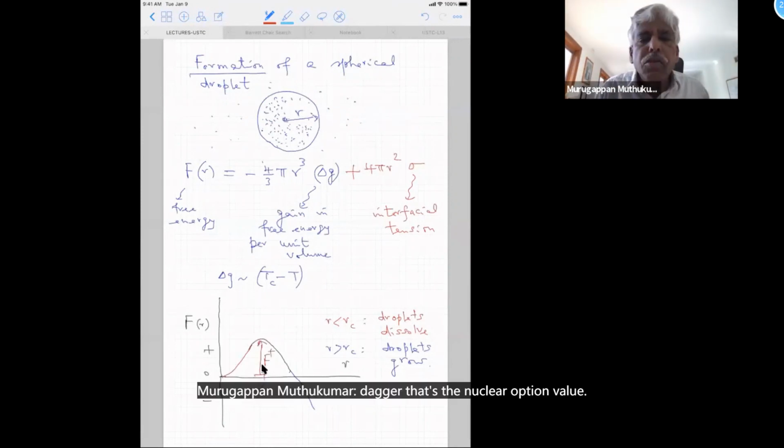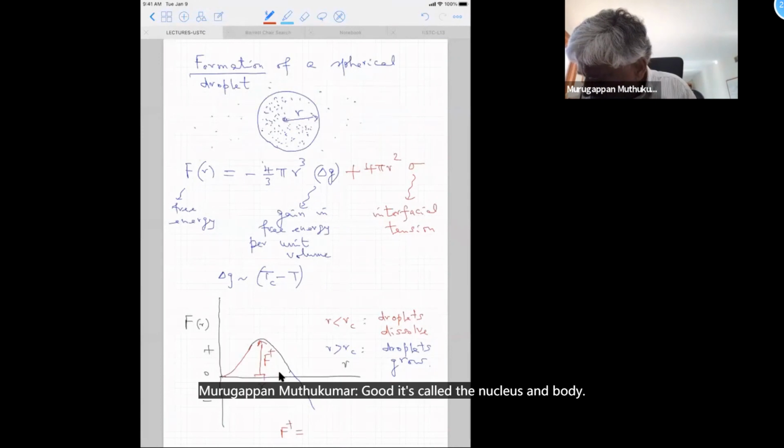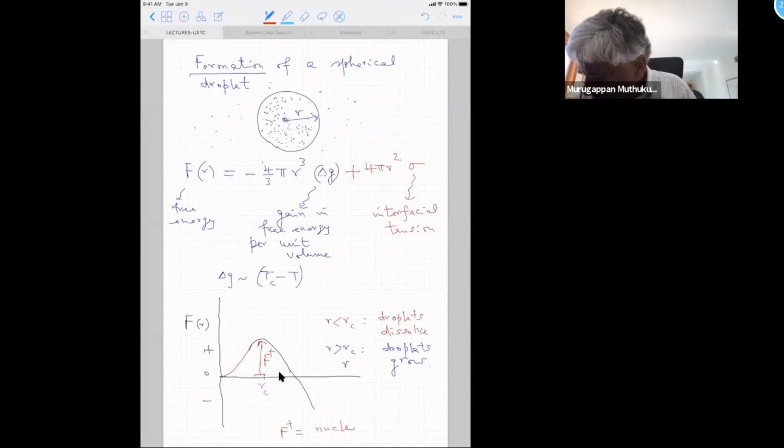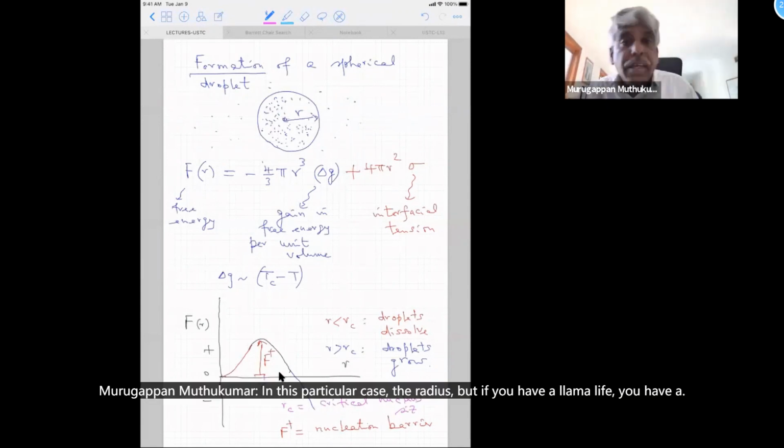F dagger is called the nucleation barrier. And R sub C is the critical nucleus size. In this particular case, radius.